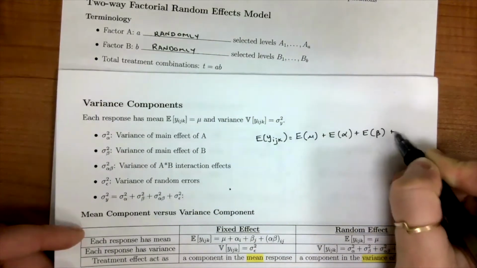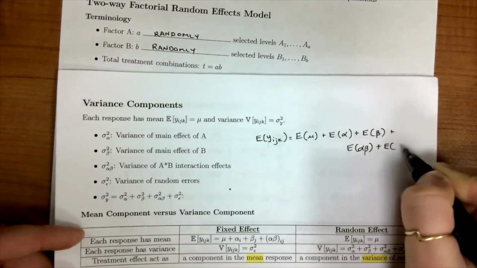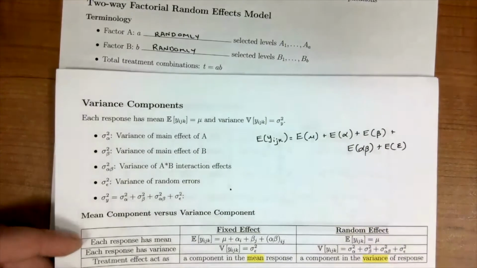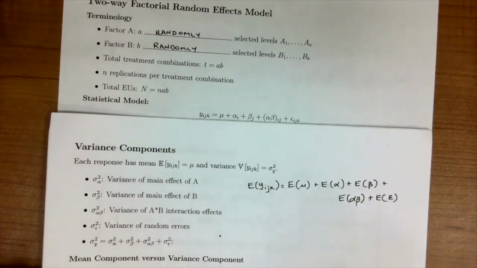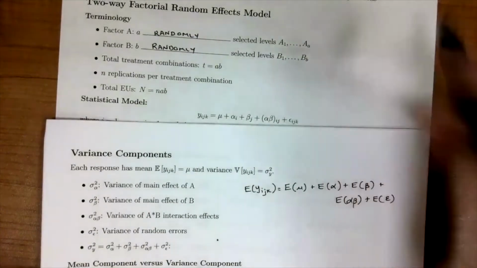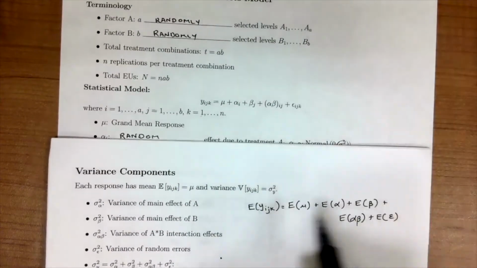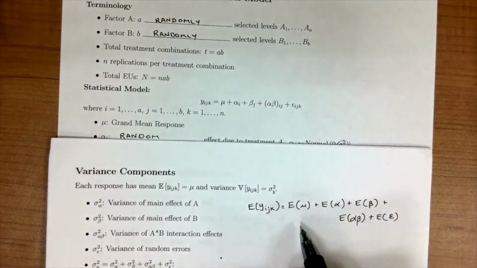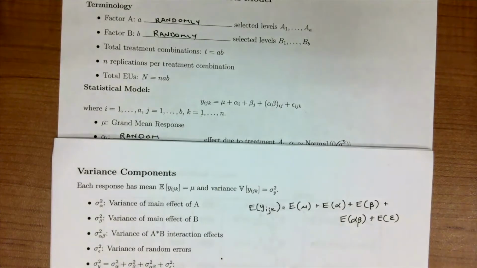Expectation of beta, expectation of alpha beta, and the expectation of epsilon. I drop the subscripts just for simplicity. We know there is no random distribution on mu. It's a constant. The expectation of a constant is the constant. And so let me grab another pen.